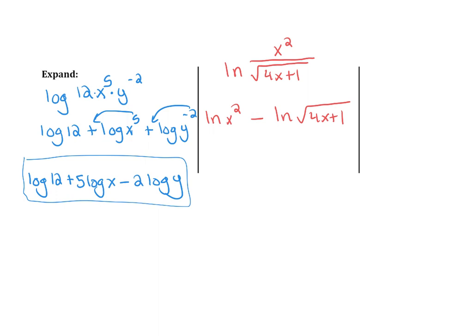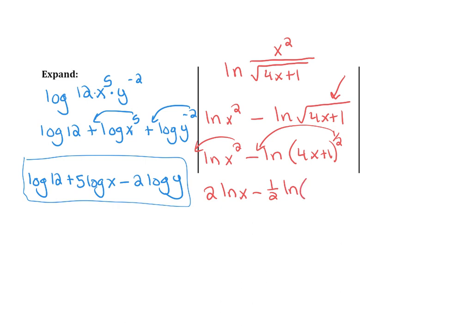Now we have to deal with those exponents. Well, what does a square root mean in terms of an exponent? So I have natural log of x squared minus natural log of 4x plus 1 to the power of 1/2. Now you can bring your powers down in front. So 2 natural log x minus 1/2 natural log of 4x plus 1.